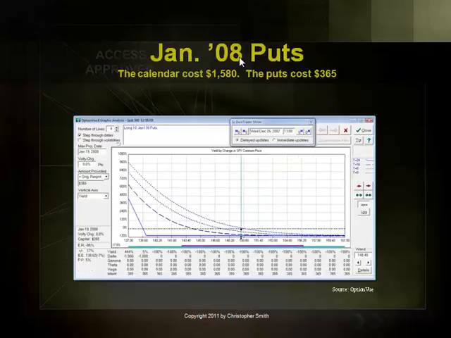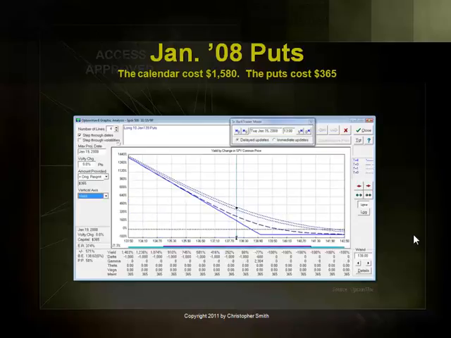Same scenario, except instead of the calendar, we're just going to buy those puts. The calendar costs $15.80. These are some cheap puts that we're going to buy for $3.65. When you buy puts like this, they probably just expire worthless. That's what is going to happen most of the time. But then you get that sell-off, and now they're worth some money.